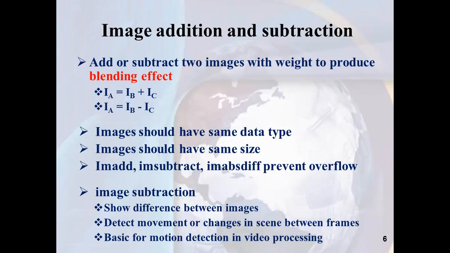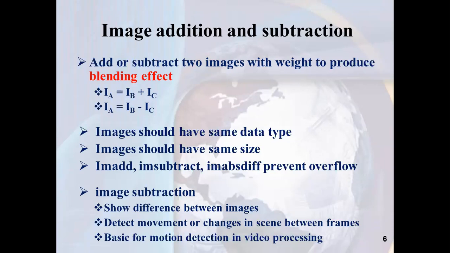But if we have any pixels where the values are different from 0, it means that there is a change in the scene, which means that we have movement. This is widely applied to detect movement or change between frames, and represents the basic principle for motion detection in video processing.